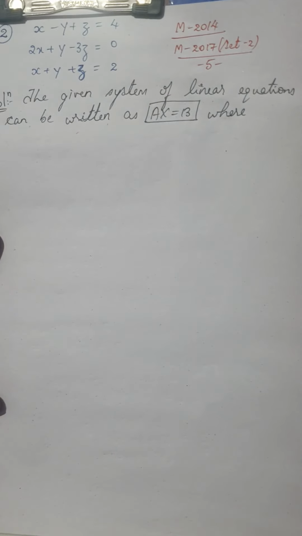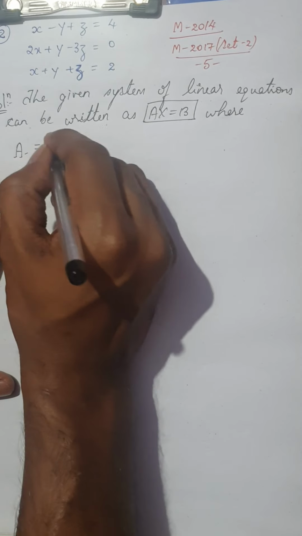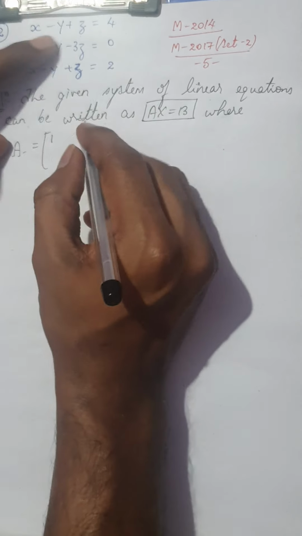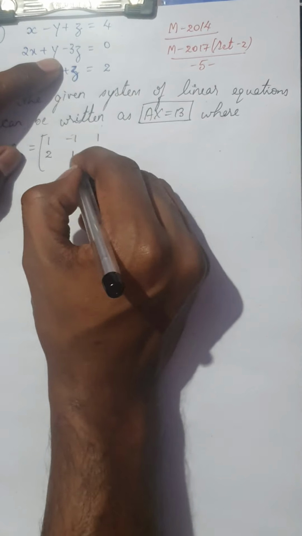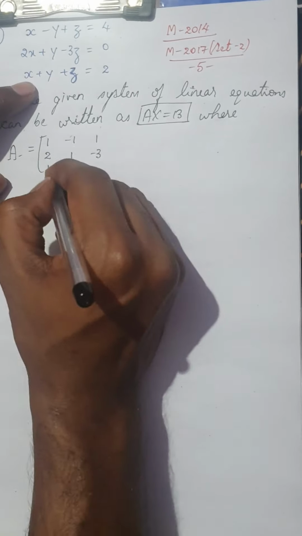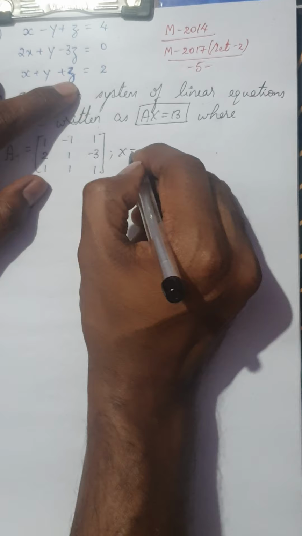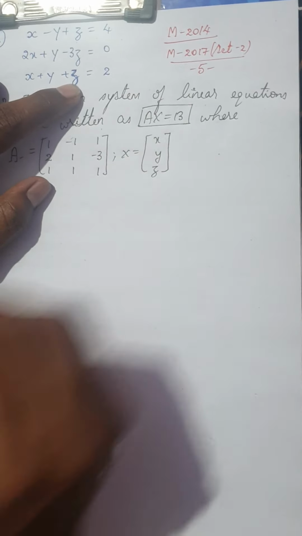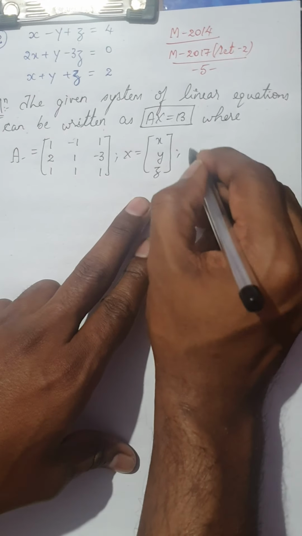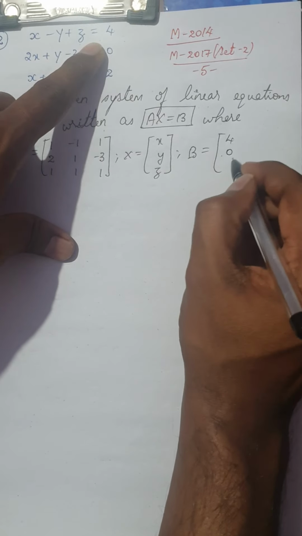I hope you are comfortable with the original procedure. A is the coefficients of x, y, z. So it is 1, minus 1, 1, 2, 1, minus 3, 1, 1, 1. And X is, as usual, the unknown matrix x, y and z, and the right hand side matrix B will be the right hand side values 4, 0, 2.